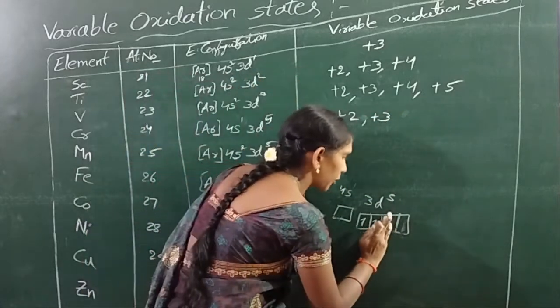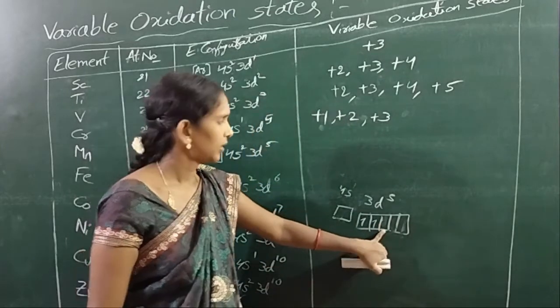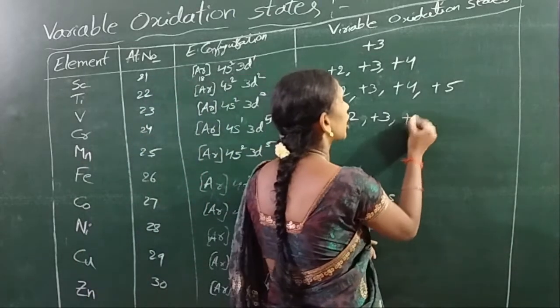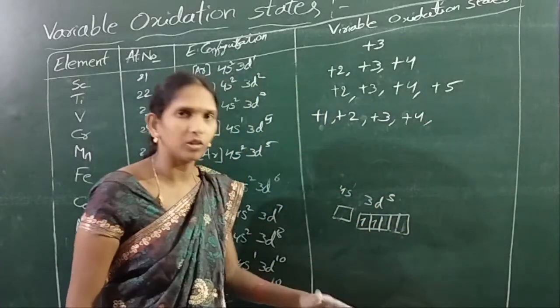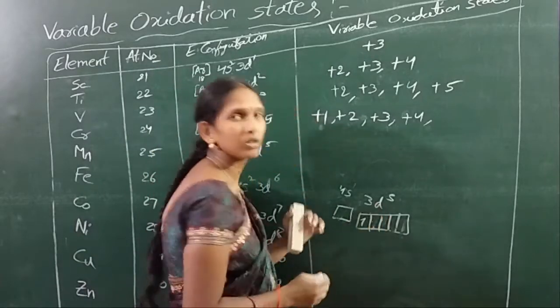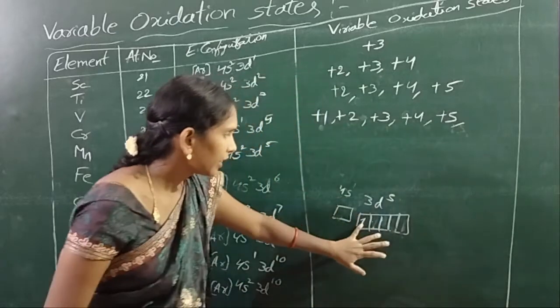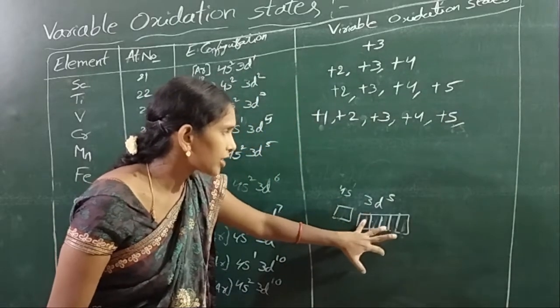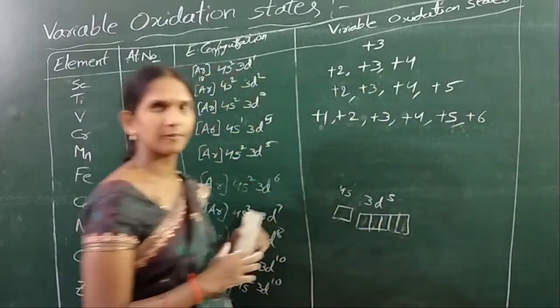Another possibility is if I remove this electron, then plus 4 oxidation state, that means 4 electrons removed. And if this electron is removed, plus 5 oxidation state exists. And finally this 1 electron also removed, then plus 6 oxidation state exists.